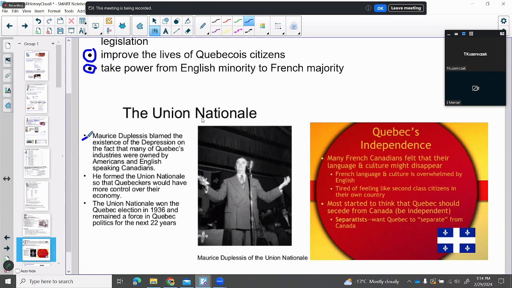He formed the Union Nationale so that Quebecers would have more control over their economy. The Union Nationale won the Quebec election in 1936 and remained a force in Quebec politics for the next 22 years.